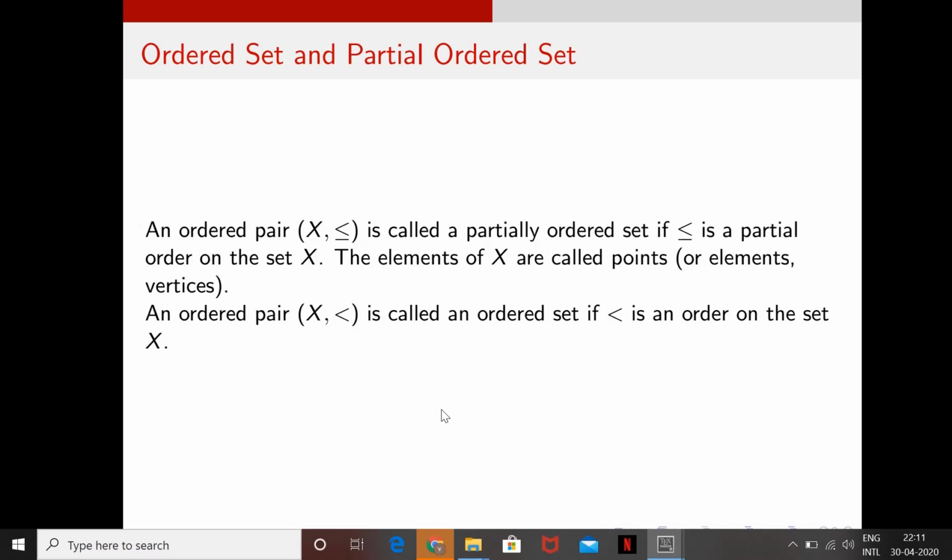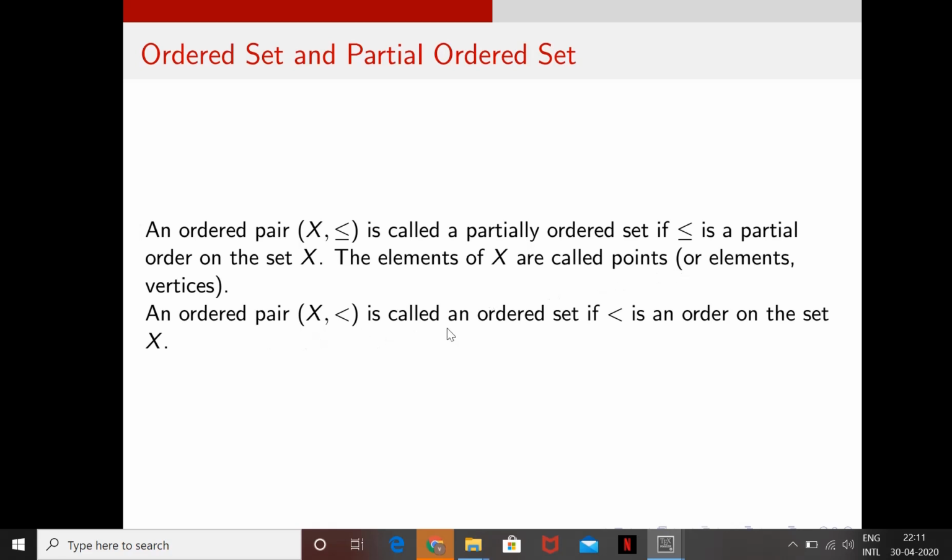Now let's talk about the difference between an ordered set and a partial ordered set. We have talked about this in the previous slides, but we haven't given emphasis to the difference between these two. Let's talk about them individually. An ordered pair is called a partially ordered set if this notation is used for defining an order on the set X. The elements of X are called points, elements, or sometimes vertices.